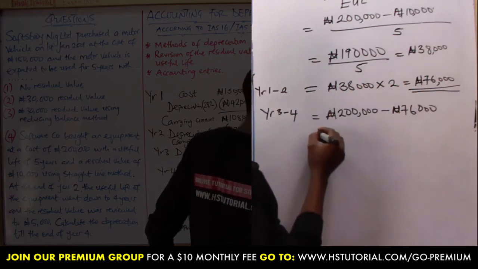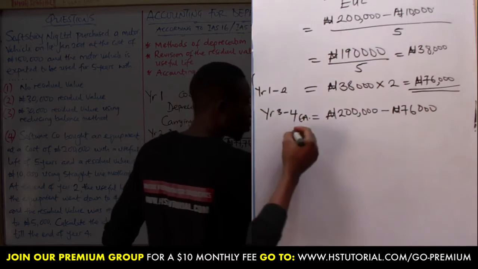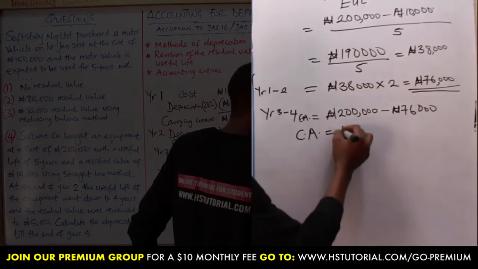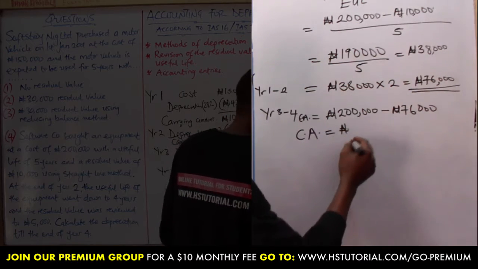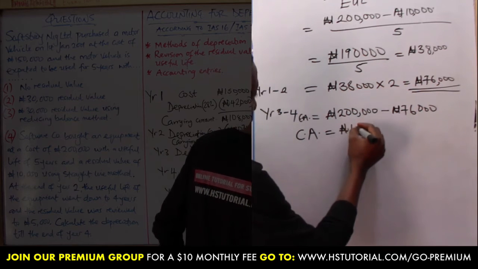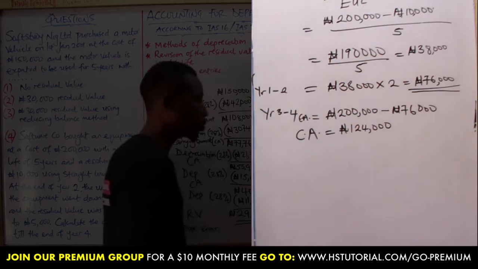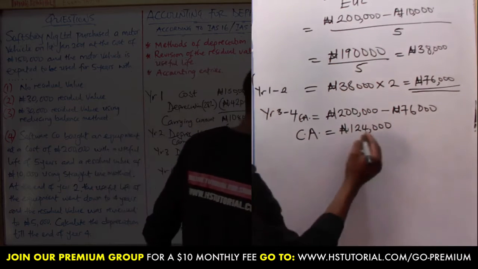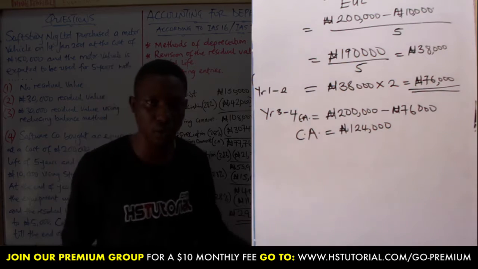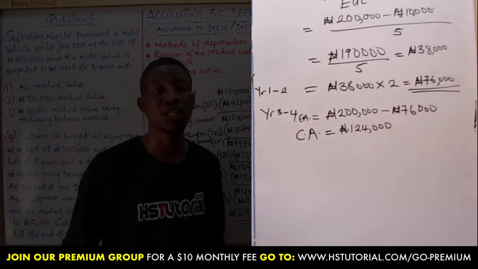That would be called the carrying amount, which equals 124,000 naira. So now we have 124,000 as the amount standing for us at the end of year 2, that is, at the beginning of year 3.